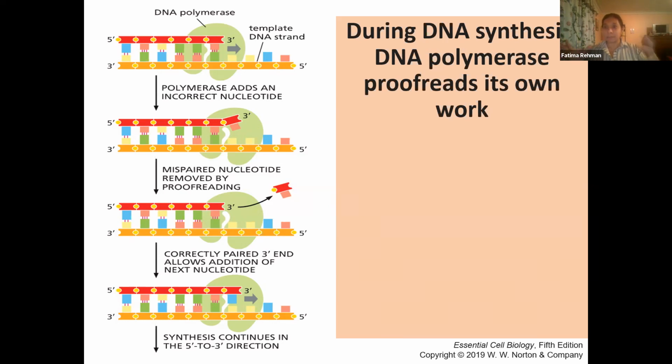So the same polymerase has essentially two possible active sites, right? One is getting the nucleotides and stitching them together into the DNA, and one is recognizing the mistake and removing that problematic nucleotide.